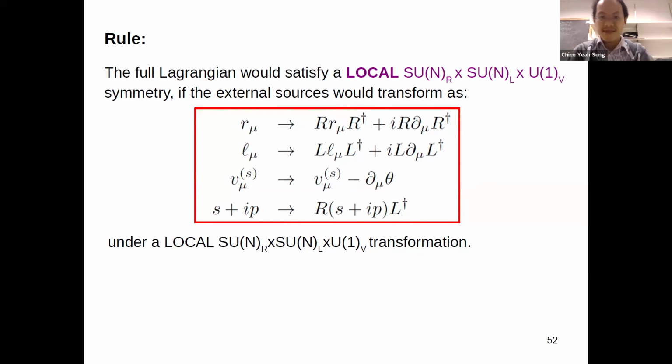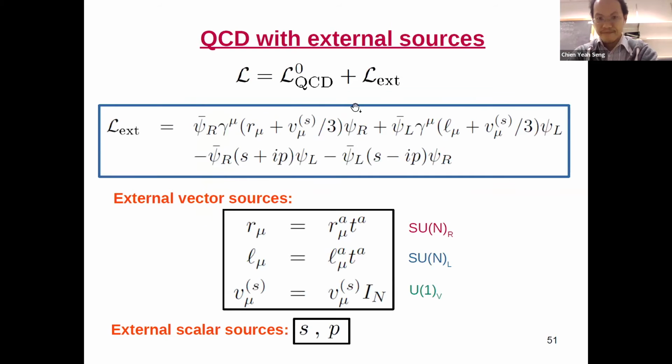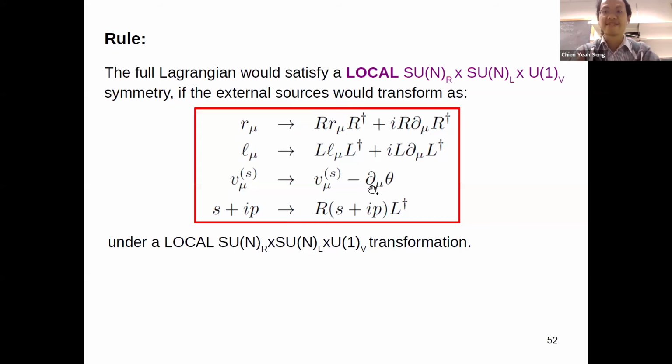So this is the rule to impose this external field. The external field breaks the chiral symmetry in a way such that if we assume they transform according to this rule, then the full Lagrangian would satisfy a local symmetry. So this is the way they break the chiral symmetry.